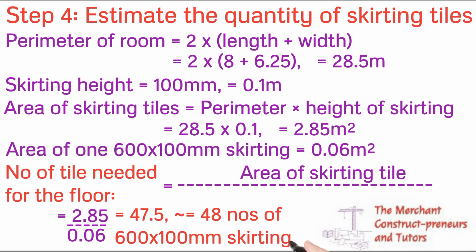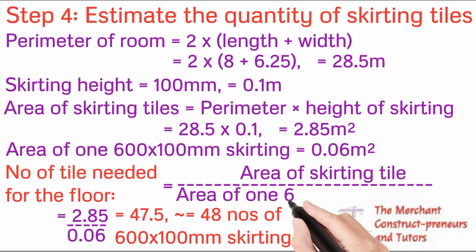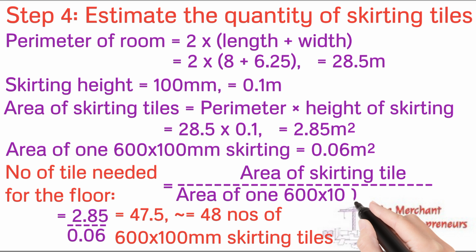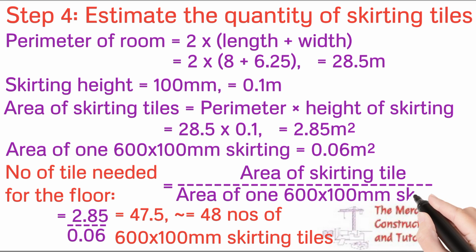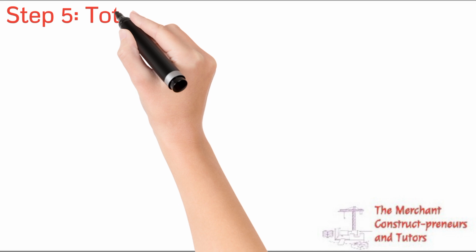Alright, so the next step is to calculate the total cartons of tiles required. As I said initially, tiles are sold in cartons, and they are estimated per square meter, slightly greater than 1 square meter, right?